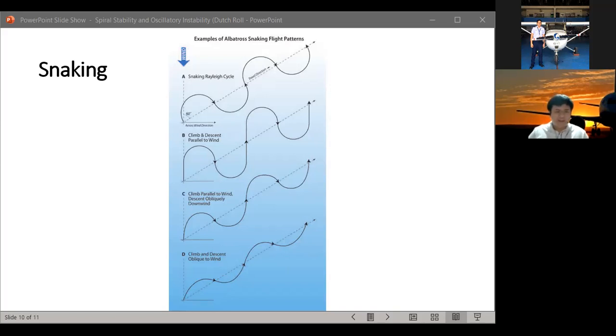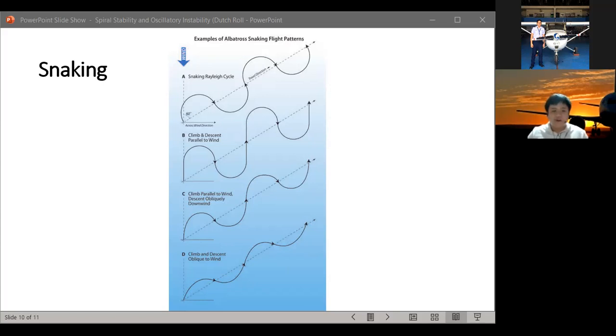So why is this called snaking? It is also found out that when snakes are thrown in the air, they tend to glide. When they glide, they crawl into the air. So that's why it's called snaking.